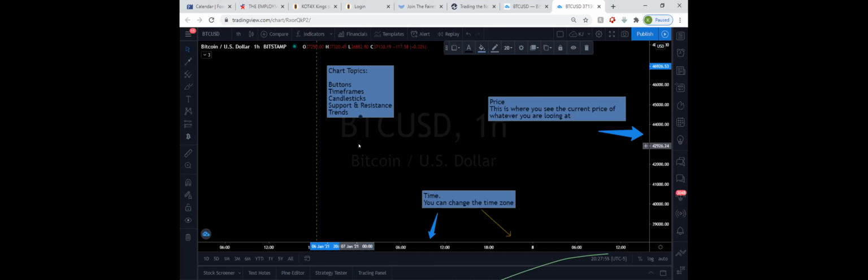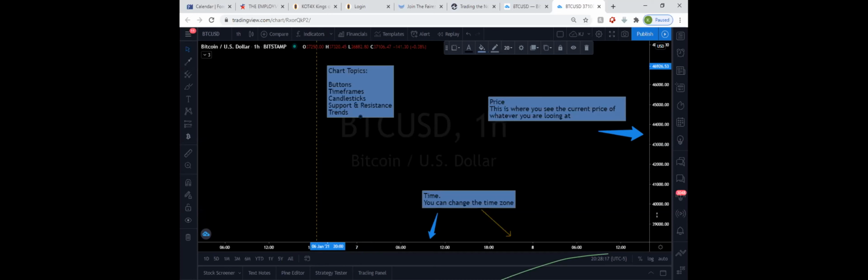What I'm going to go over first is just the layout and the buttons before I dig into anything else. When you pull up any chart, whether it's on your phone or on your computer, you're going to see numbers on the right side. Those numbers are the price.